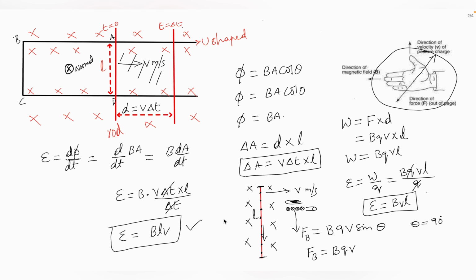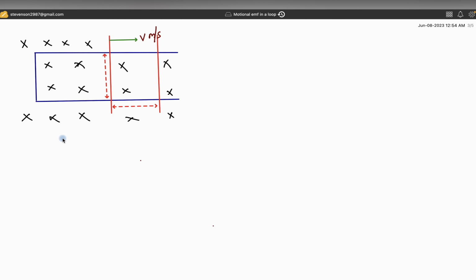So what is the direction of this induced EMF? As we have seen, as this red colored rod moves to the right with V meters per second, there will be an induced EMF, given by the product of the magnetic field strength, the length of the rod, and the velocity.